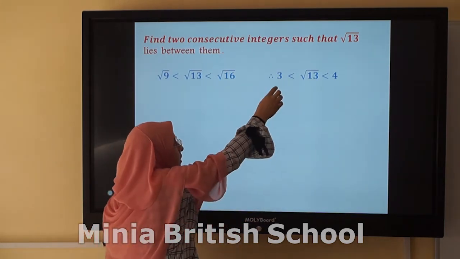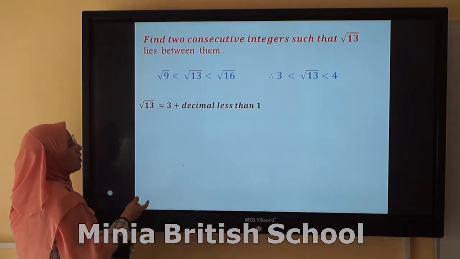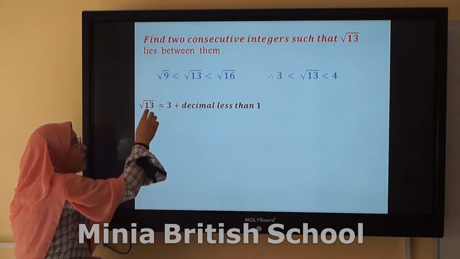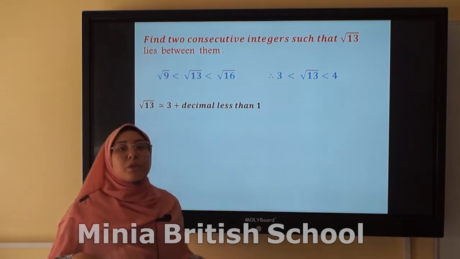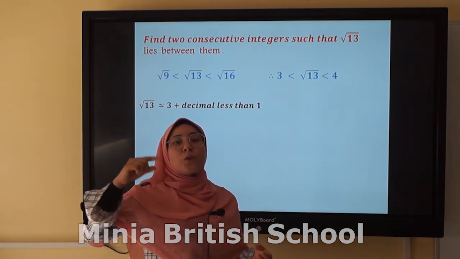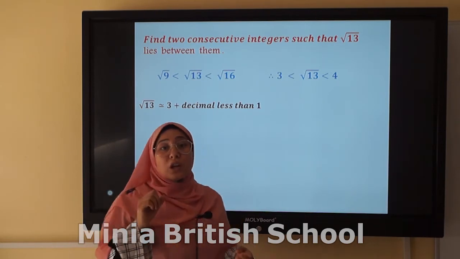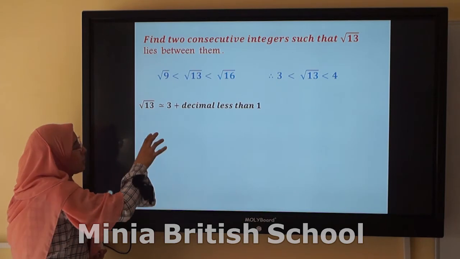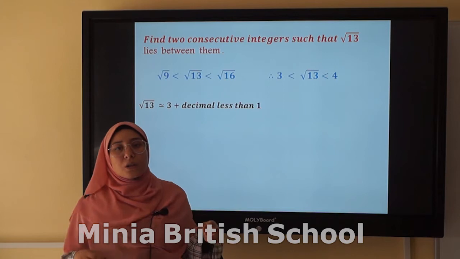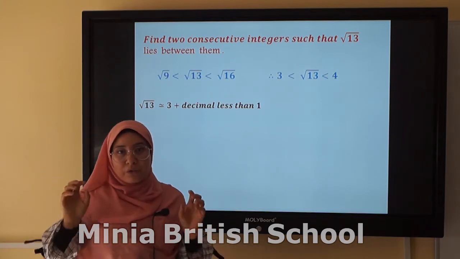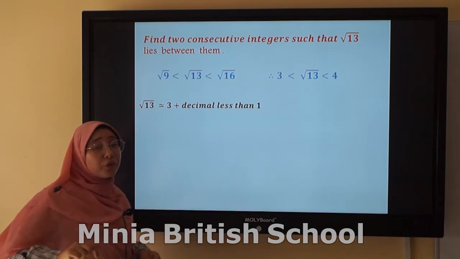Equals 3 plus a decimal number less than 1, I mean 0.1, 0.2, 0.3 and so on to reach 0.9. So root 13 approximately equals a value between 3.1 and 3.9. So I will check all of them or some of them, okay, to reach the value of root 13.